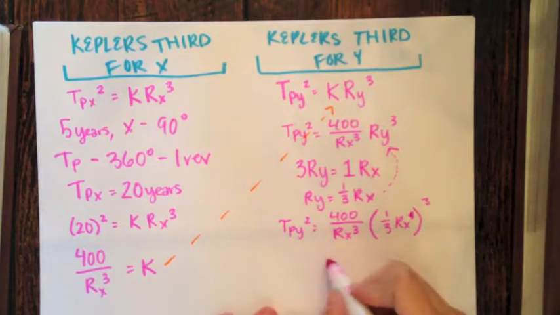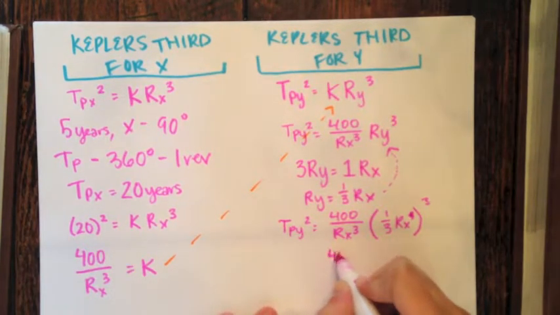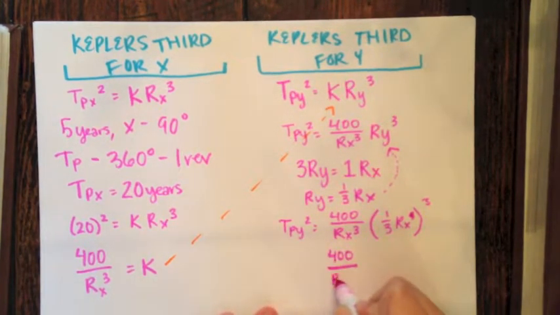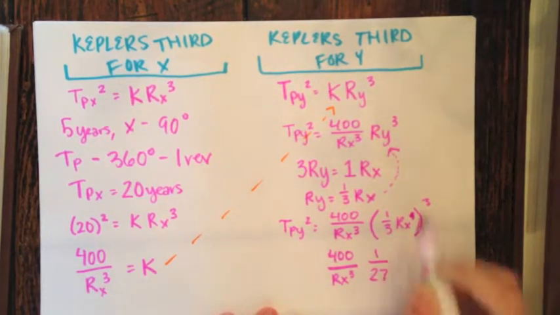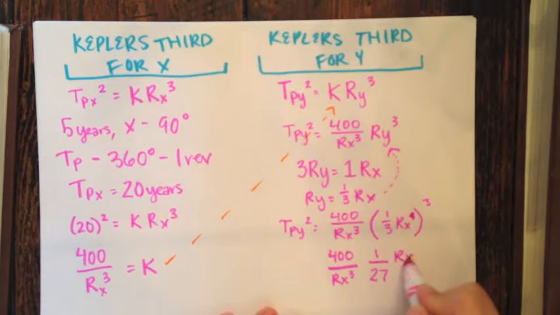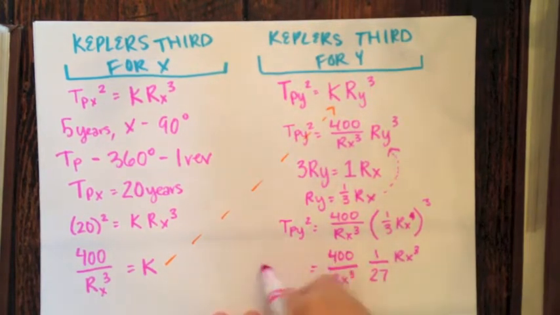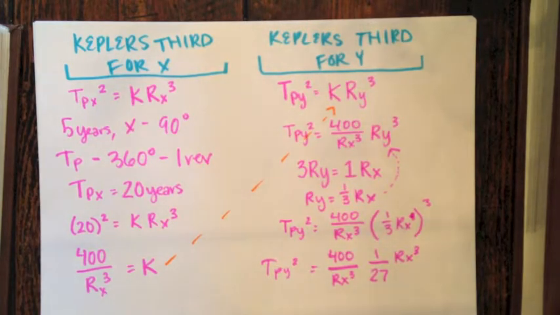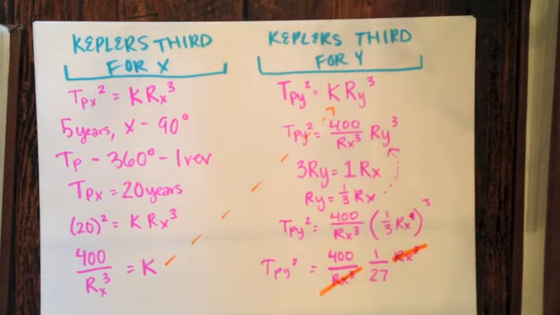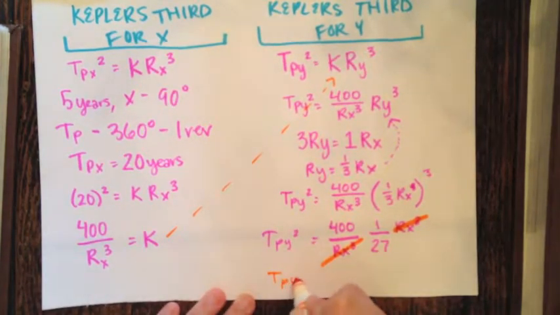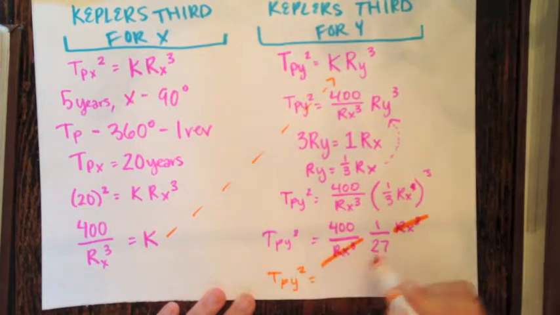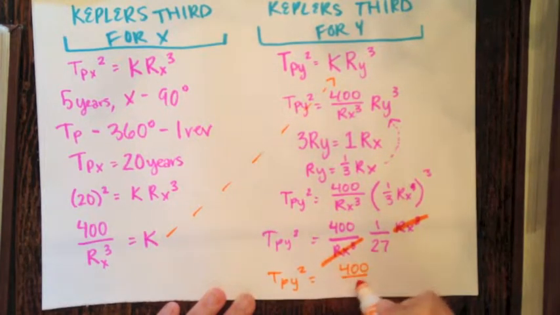So then with some multiplication, we've got this right here, which is super handy dandy because we can cancel these guys out. So we know that the time of the period of y squared equals 400 over 27.